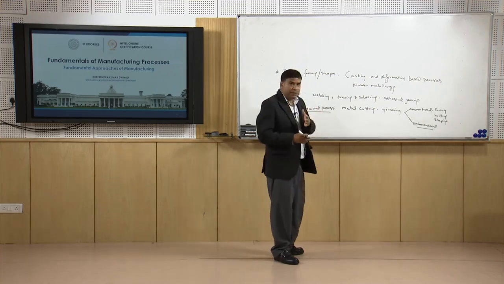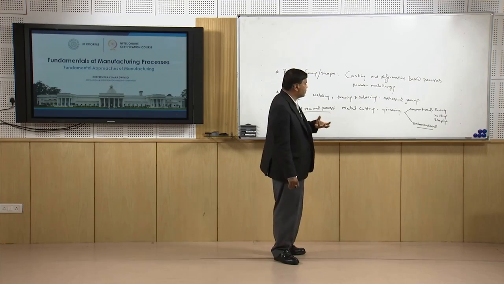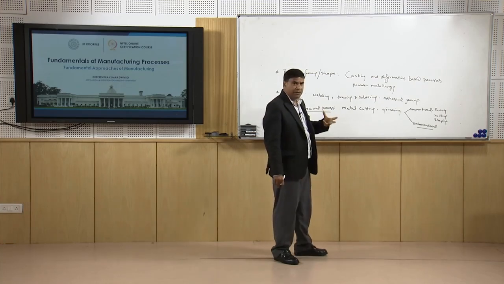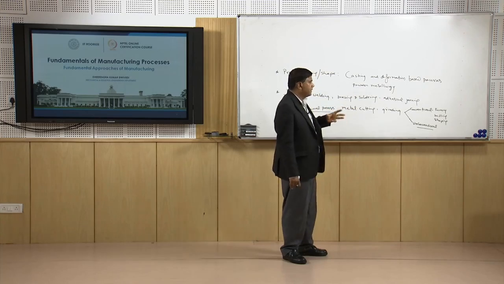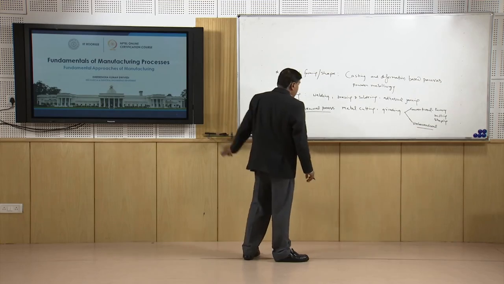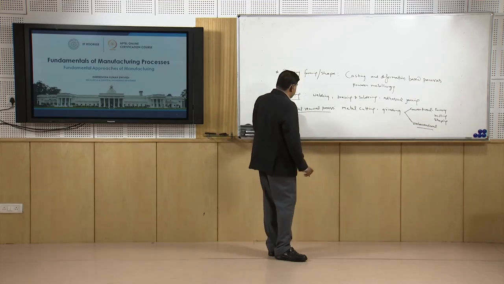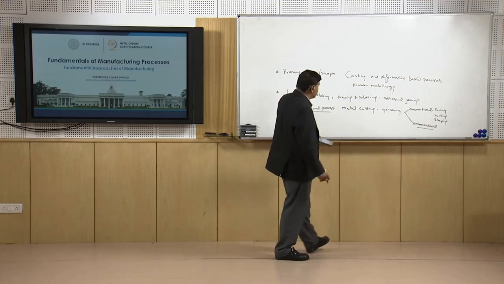So, various principles are used in unconventional machining processes to remove the undesired material from the stock or raw material, so that the desired size, shape and features can be produced. So, this is the category of unwanted material removal processes.